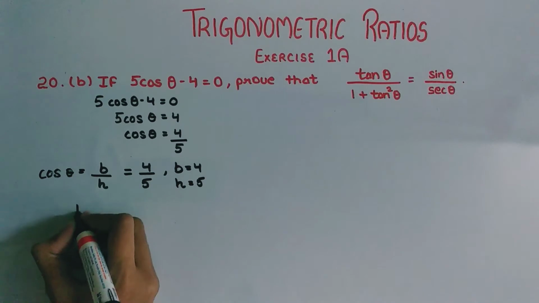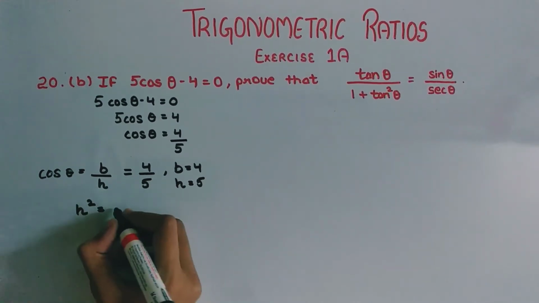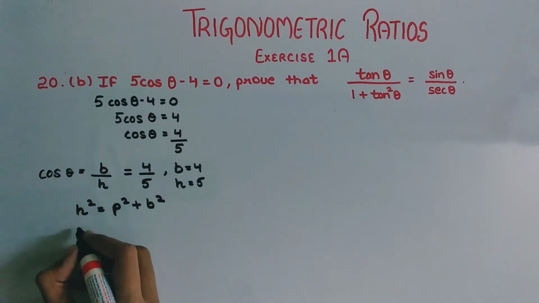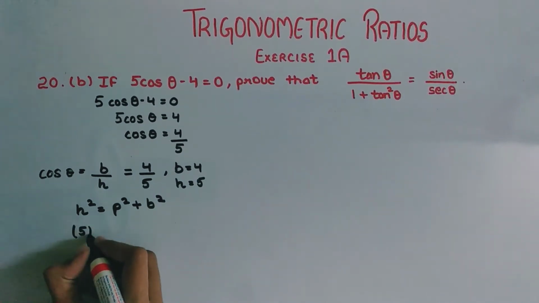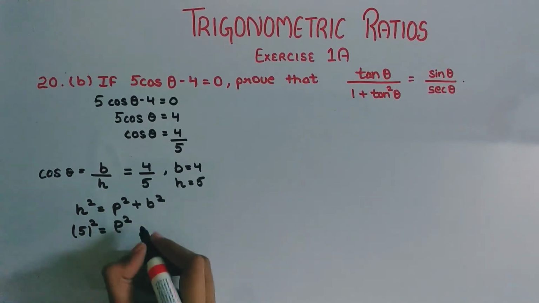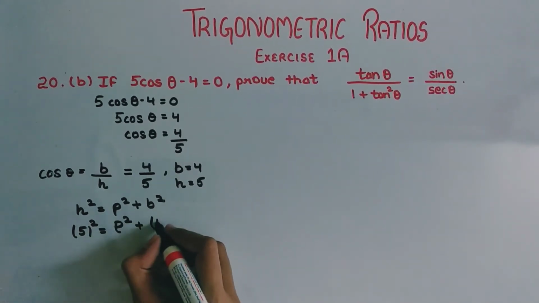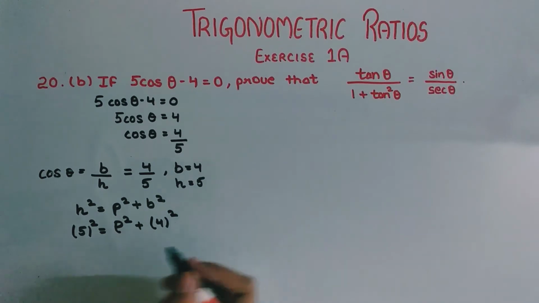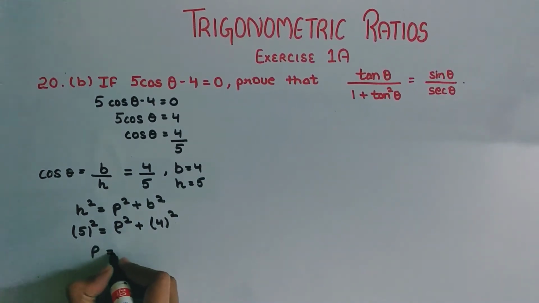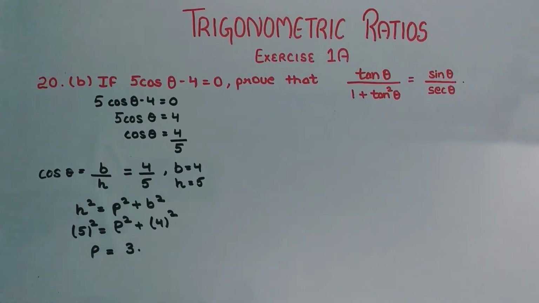We will apply Pythagoras theorem, that is hypotenuse square is equal to perpendicular square plus base square. We have hypotenuse that is 5 square, that will be equal to, we need to find the value of perpendicular, and base we have is 4 square. Hence by solving this equation we will get value of perpendicular, that is 3.